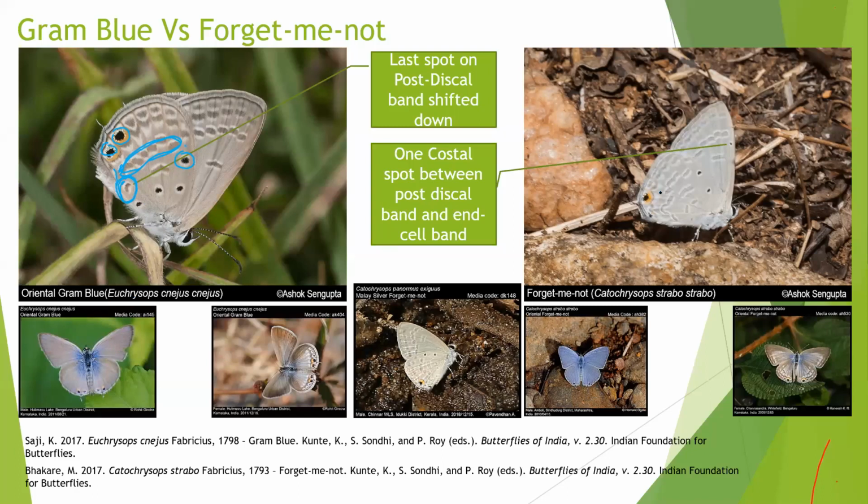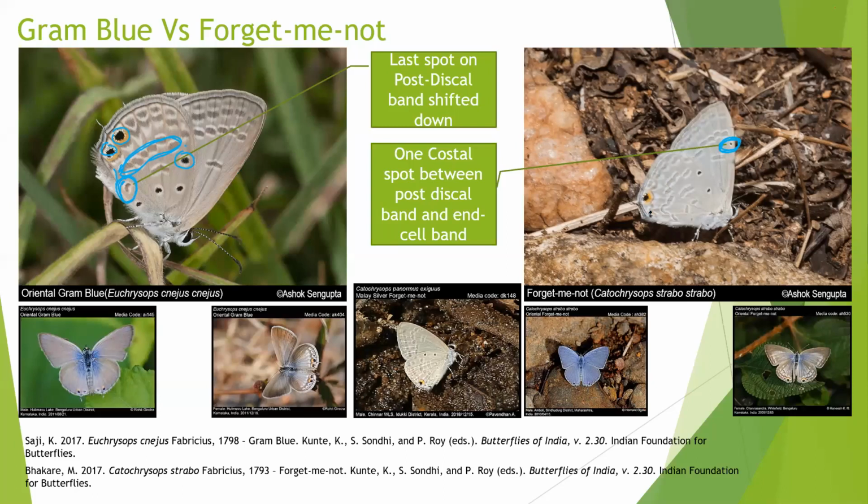When you see the forget-me-not, the best identification feature of the forget-me-not is the presence of a coastal spot on the forewing. This spot is very prominent in case of a forget-me-not, which is not present in similar species like a gram blue or a plains cupid or a small cupid. This spot is absent.